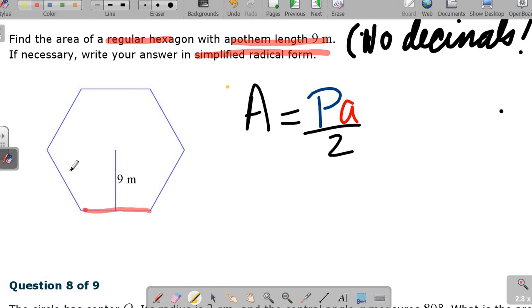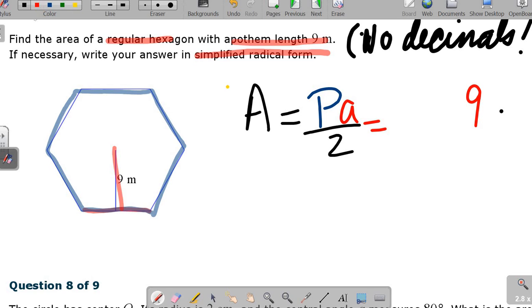So perimeter, walk it around, we're like, wait a minute, I don't have a side length yet, but I do have an apothem. So I can put my apothem here, which is 9. And I know I have 6 sides times some sort of side length, and it's going to be over 2.